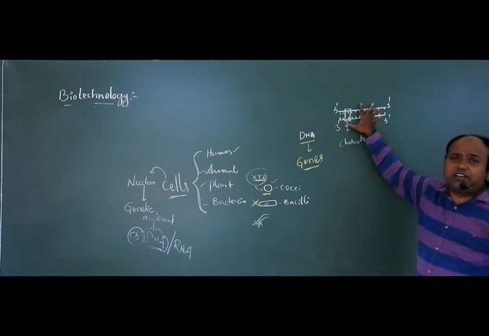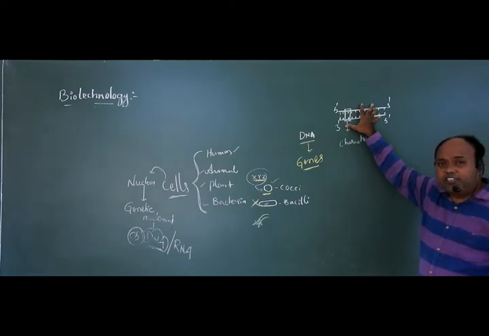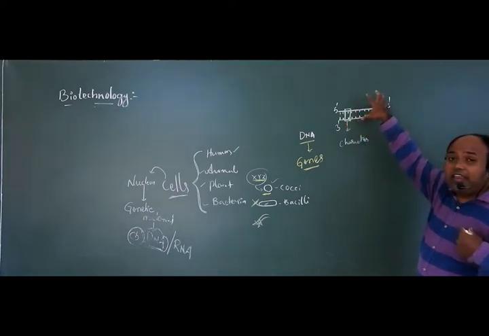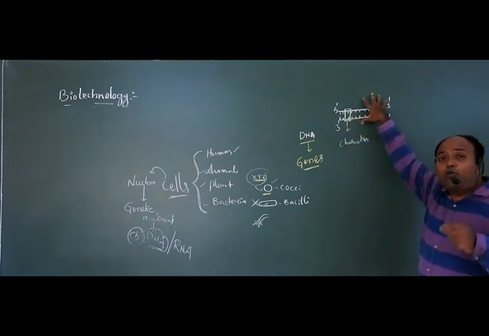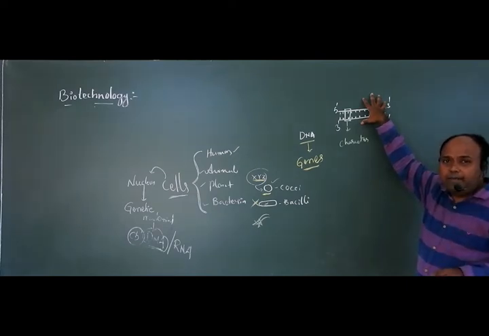You have studied about the Human Genome Project in molecular basis of inheritance, where we have seen the number of genes in human beings. So DNA does not accommodate only one gene.